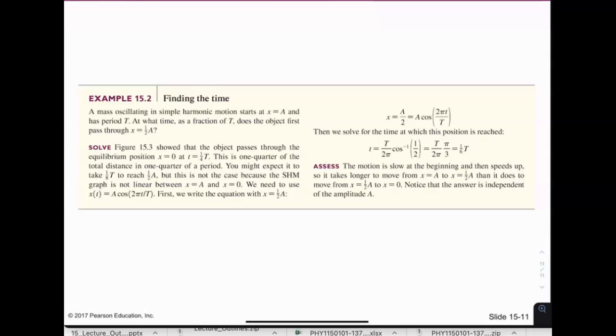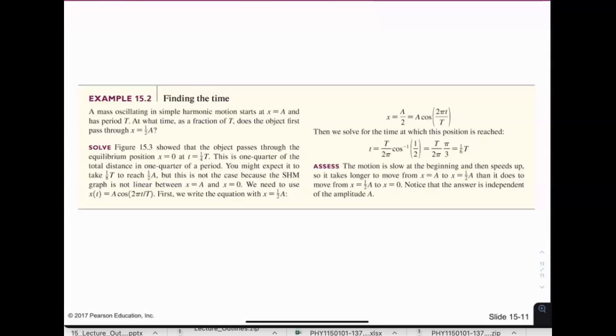We first write the equation with x equal 1/2 A: x is equal to A over 2, which is equal to A times the cosine of 2 pi times the time divided by the period, and then we solve for the time. t is equal to the period divided by 2 pi times the inverse cosine of 1/2. And when we solve that, we get 1/6 of the period.